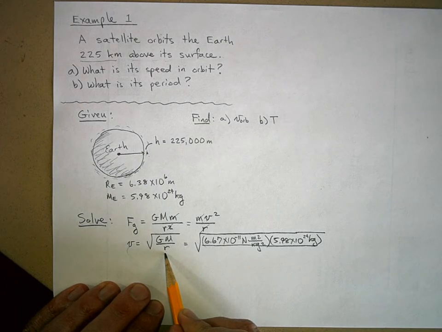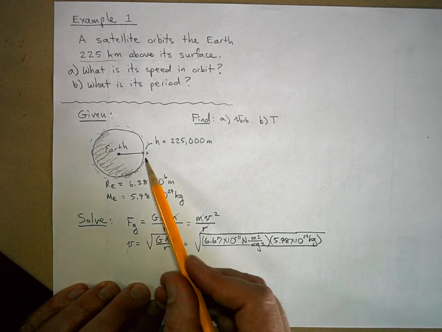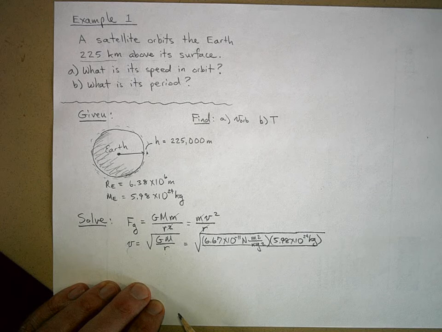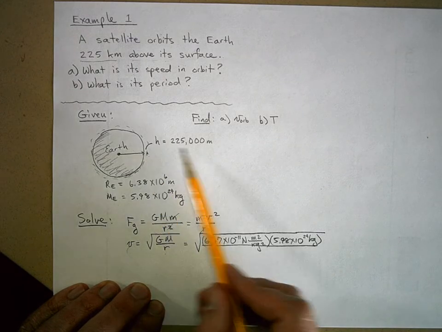Is it the radius of the Earth? It includes the radius of the Earth, but is our satellite at the Earth's surface? I hope not, because it's about to explode as it vaporizes in the atmosphere. No, it's above the Earth's surface by this much.